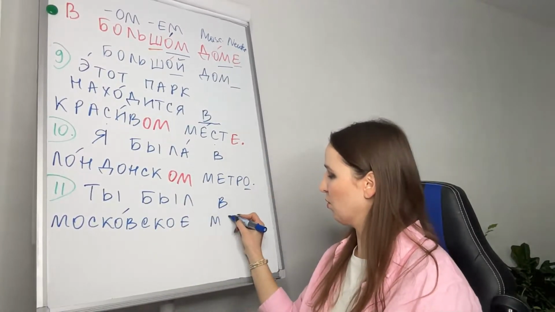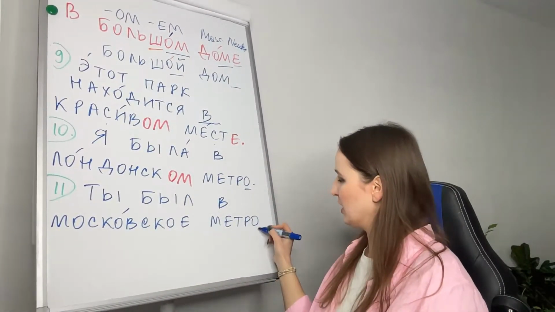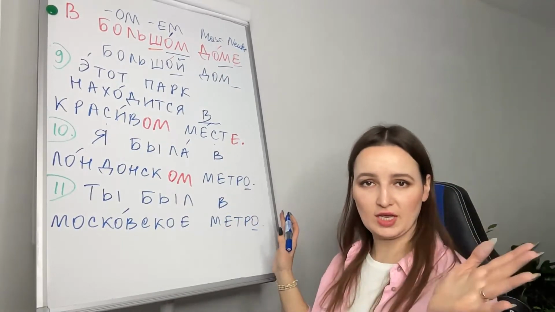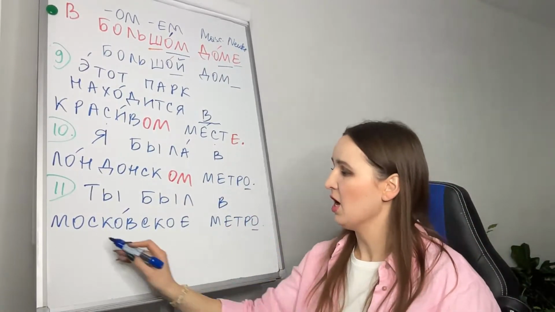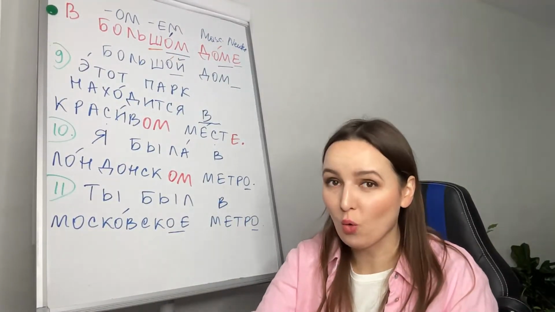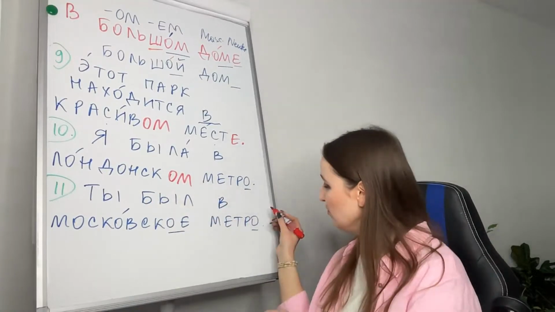Московское метро. Метро, same here, will not change. Doesn't matter which case it is, it will remain the same. Московское will change to ом. В московском метро. Ты был в московском метро?